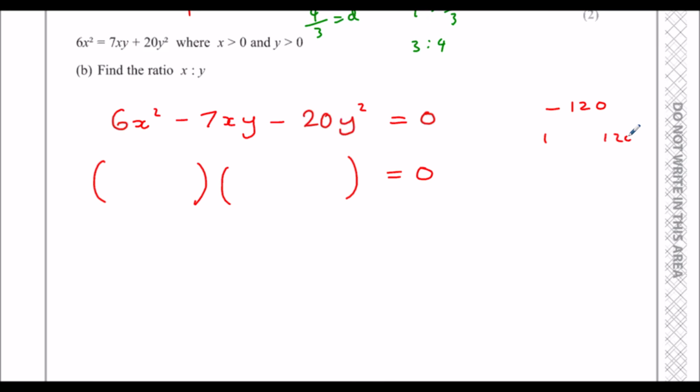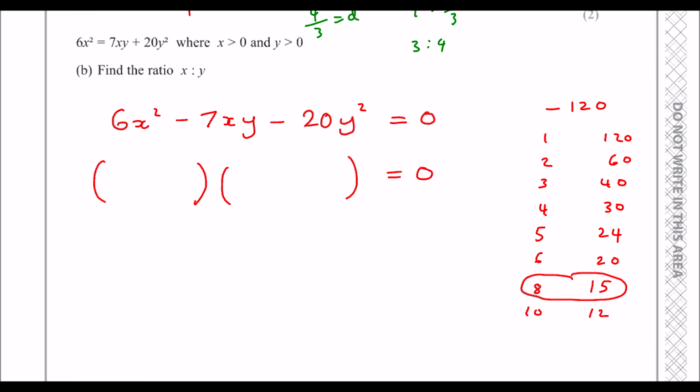So 1 times 120, 2 60s, 3 40s, 4 30s. It's 5 times 24, 6 times 20. It's not in the 7 times table. 8 15s, and that will give us our 7. So 8 and 15.